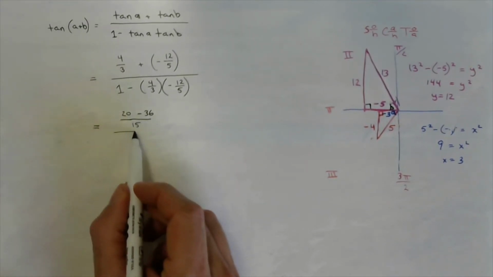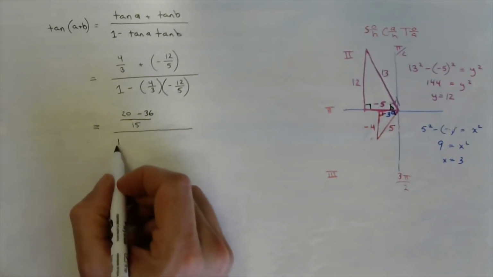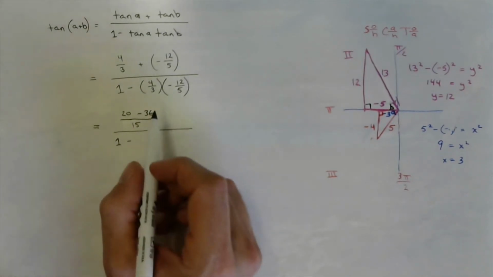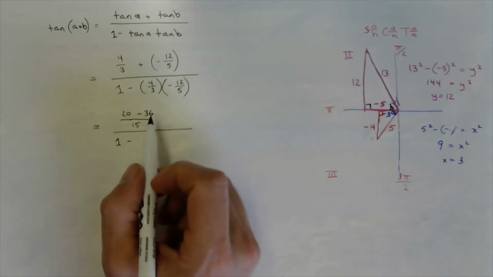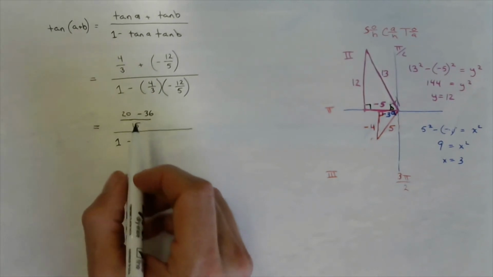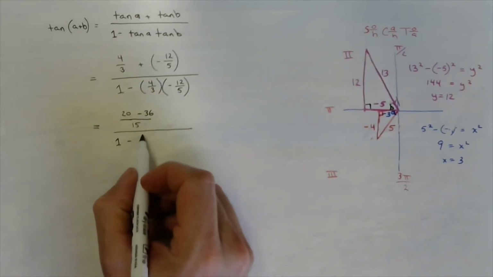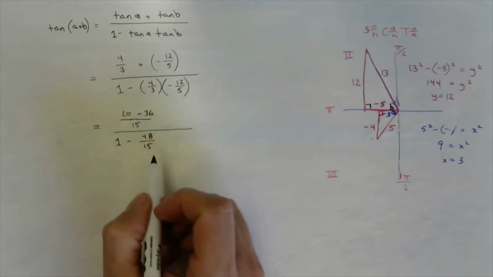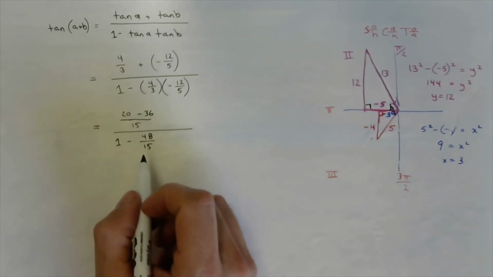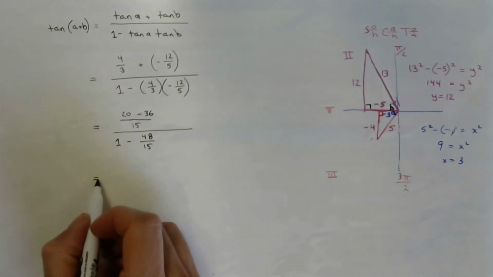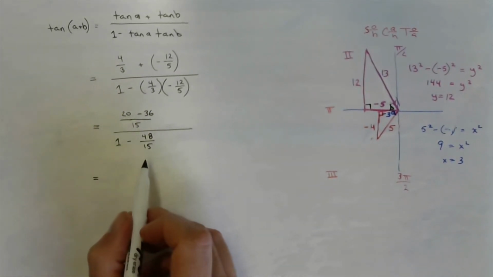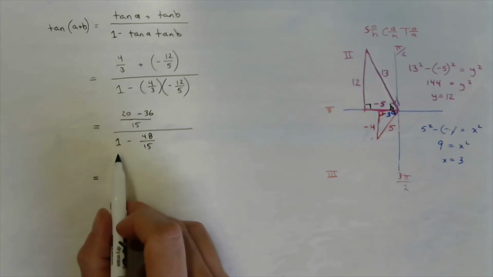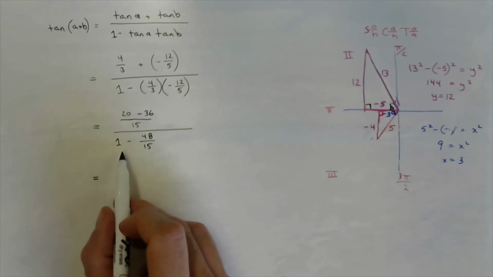In the denominator, we have 1 minus, and to multiply fractions, we just go top times top, bottom times bottom. So here we have 4 times 12 is 48 over 15, 3 times 5. And the easiest way to do this is going to be express the numerator and denominator as fractions over 15.